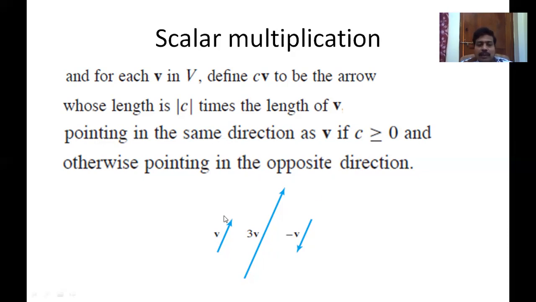If C is positive, just multiply with the scalar. If C is negative, then multiply with the modulus of the scalar and the direction will be in the opposite direction. So this is the way we have defined this scalar multiplication.